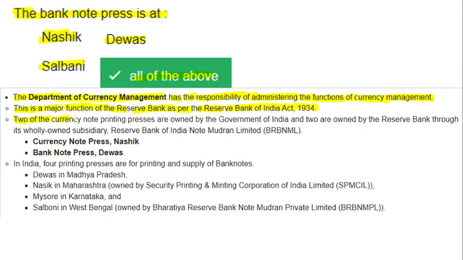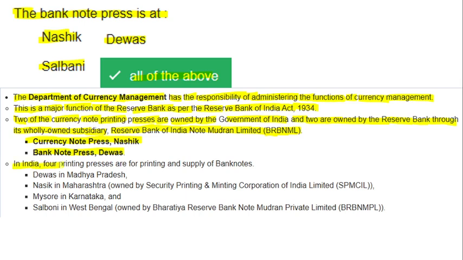Two of the currency note printing presses are owned by the Government of India and two are owned by the Reserve Bank through its wholly owned subsidiary, Bharatiya Reserve Bank Note Mudran Limited, BRBNML. Currency note press Nasik, bank note press Dewas.